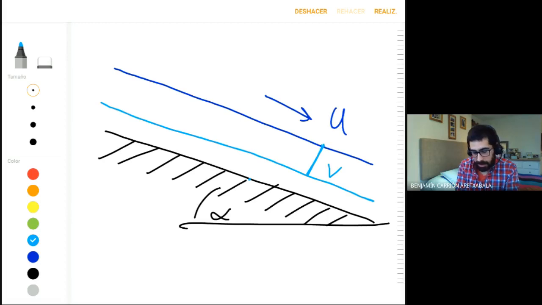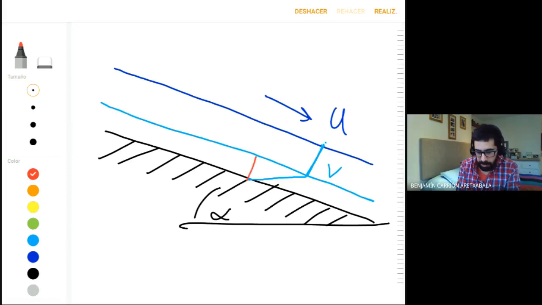And here the velocity at the end of this boundary, we'll get into that boundary later on. Don't worry about that. But there is a boundary at some point in which you have a velocity, and then the water is flowing more or less uniformly. It's not exactly uniform, but for this schematization we can use it. And what's going to happen is that you're going to have a velocity gradient.